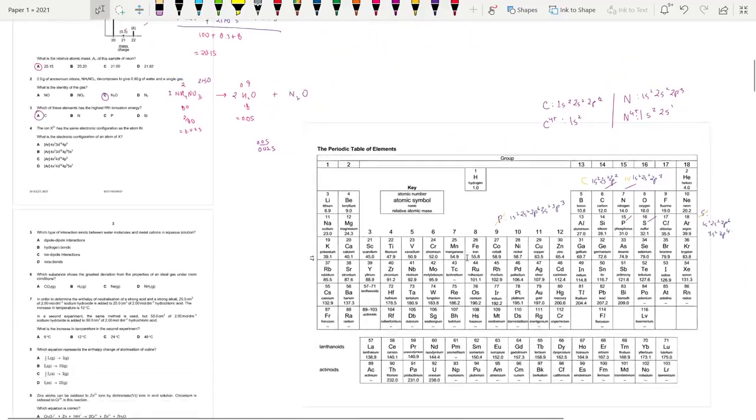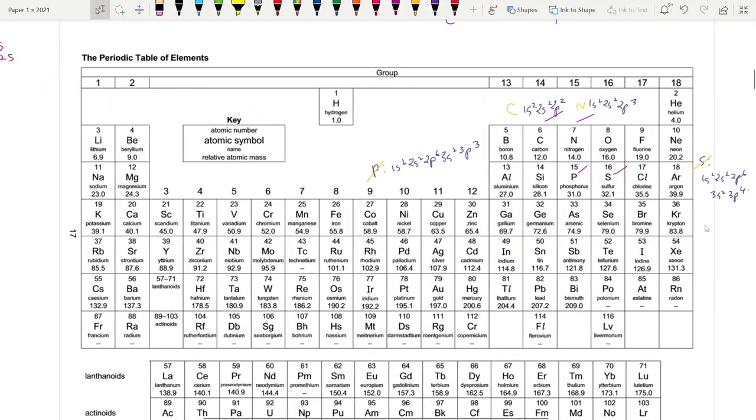So check this out. Krypton has a configuration of 1s2, 2s2, 2p6. Basically, it has the configuration of argon, followed by, this is the fourth period, so 4s2 followed by 3d10 followed by 4p6.